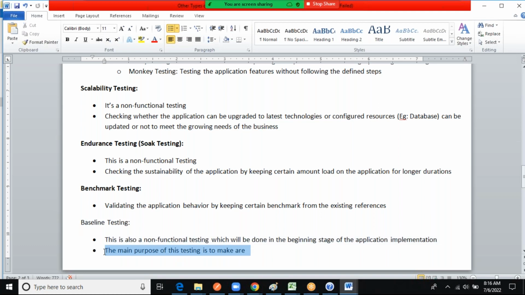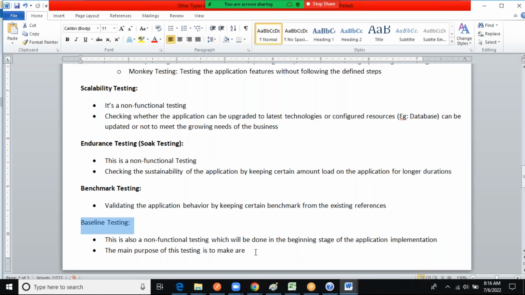All the proper setup which is required to start with your development and testing activities, whether those things are baselined or not, you will be checking in the baseline testing.